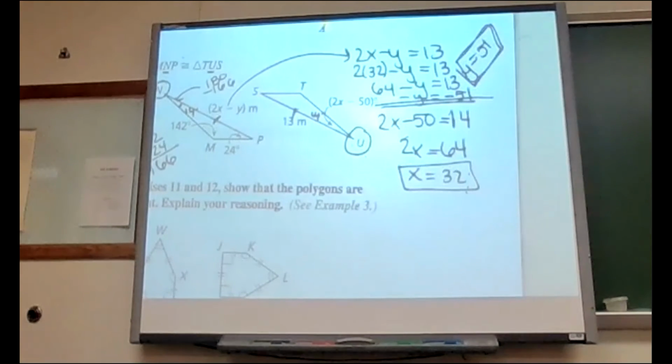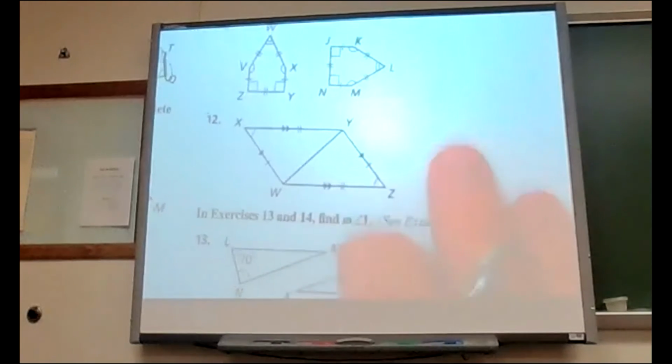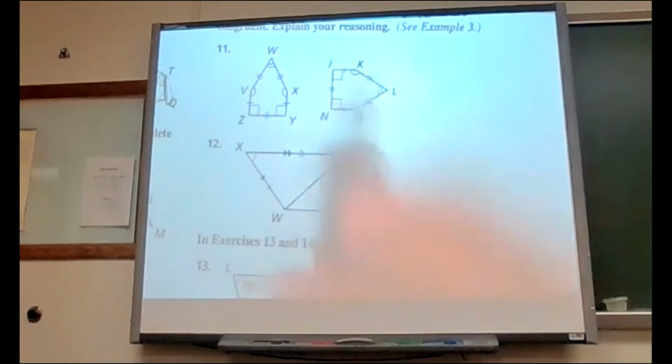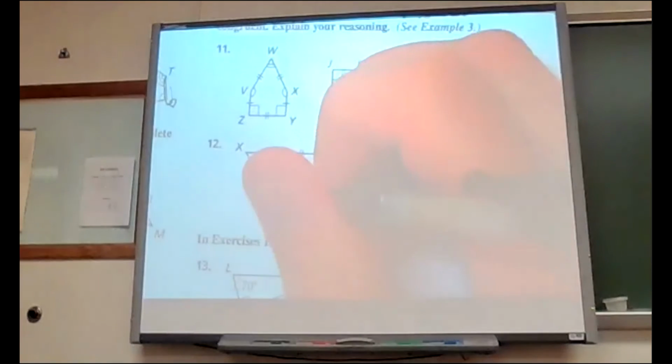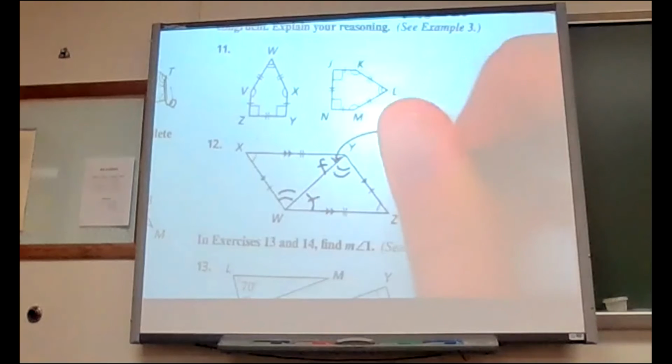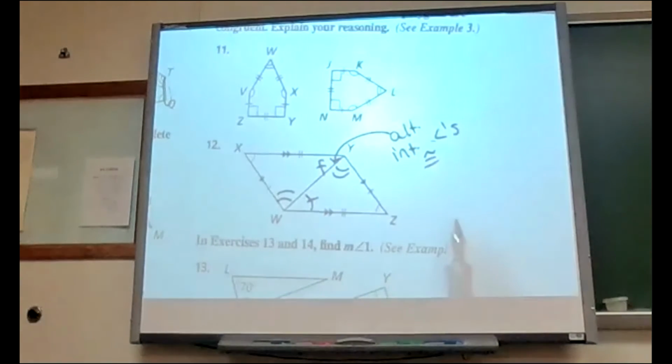Okay, 12. Trying to think if we've done enough to do 12. On 12, what it's looking for is this is a shape we just left. This is our parallelogram. So I know that my alternate interior angles are congruent.